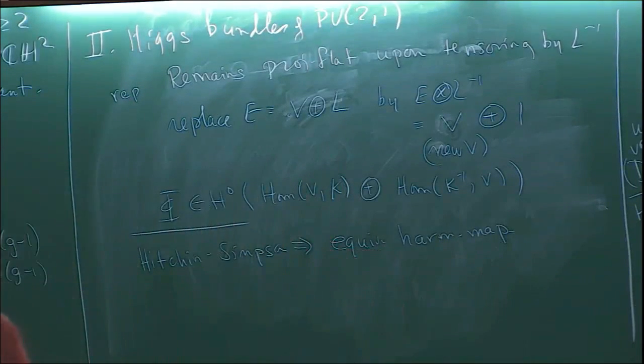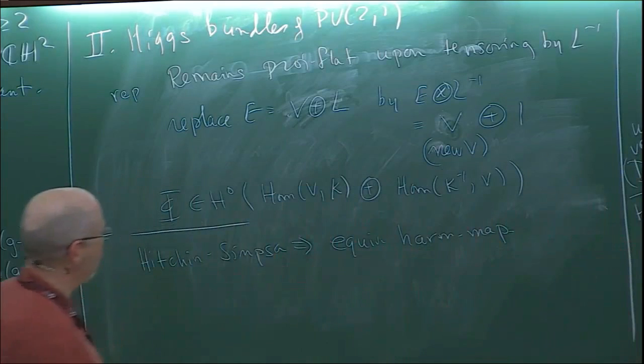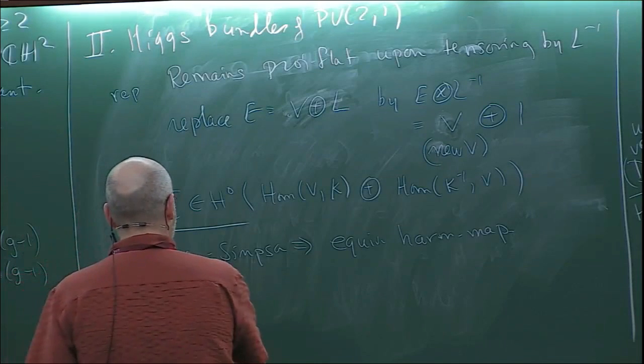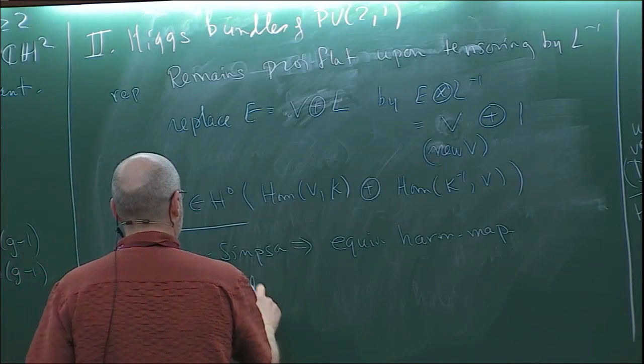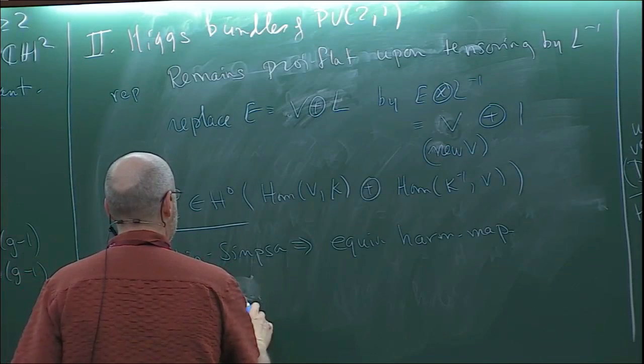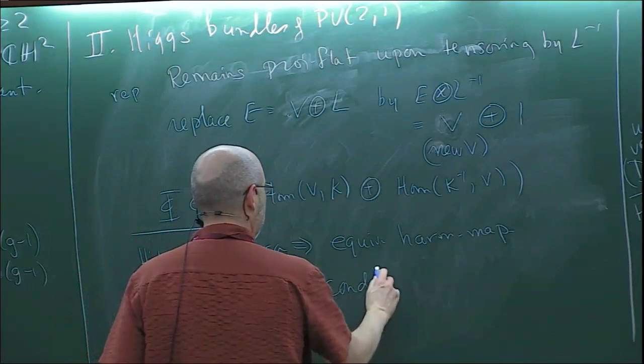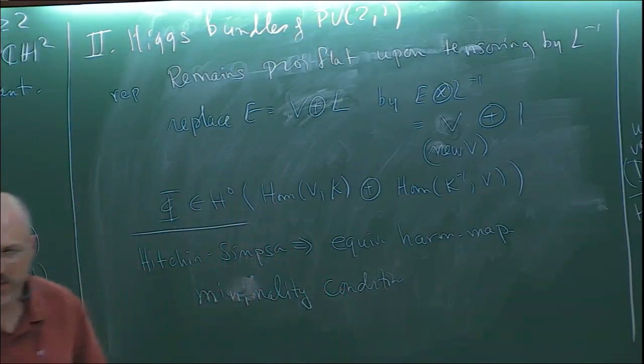This is how you construct the metric here, which is going to be harmonic into the space of all metrics, which is the symmetric space. But the minimality condition, in addition, requires that this is going to be conformal.